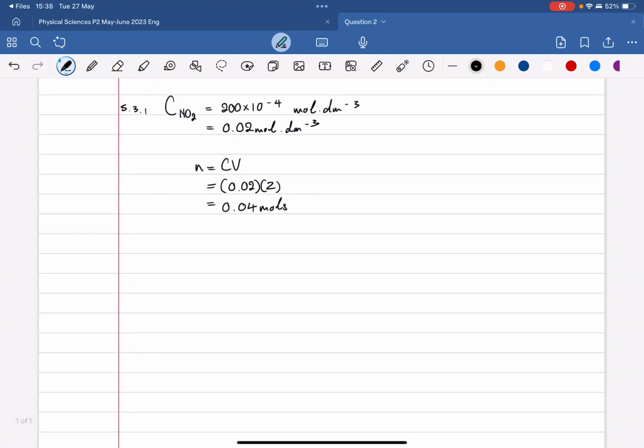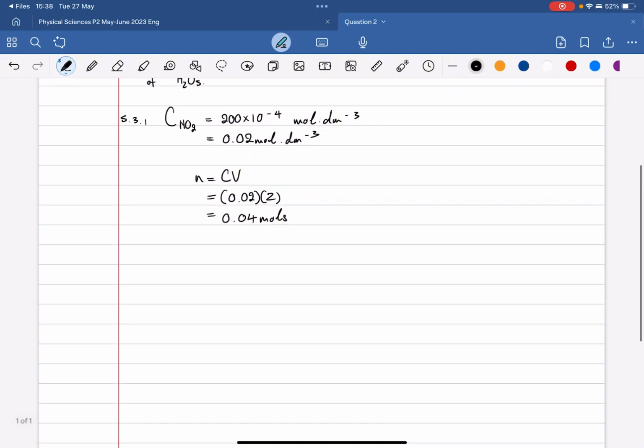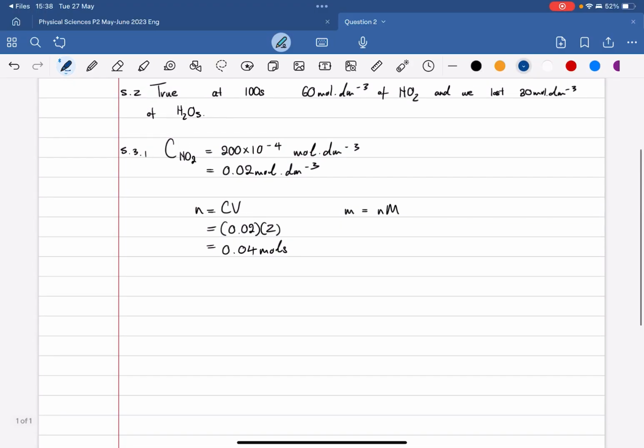If you have the number of moles and you want to get the mass, the mass is equal to the number of moles multiplied by the molar mass. So for the molar mass of NO2, we use the periodic table. We've got 1 nitrogen atom and 2 oxygen atoms.